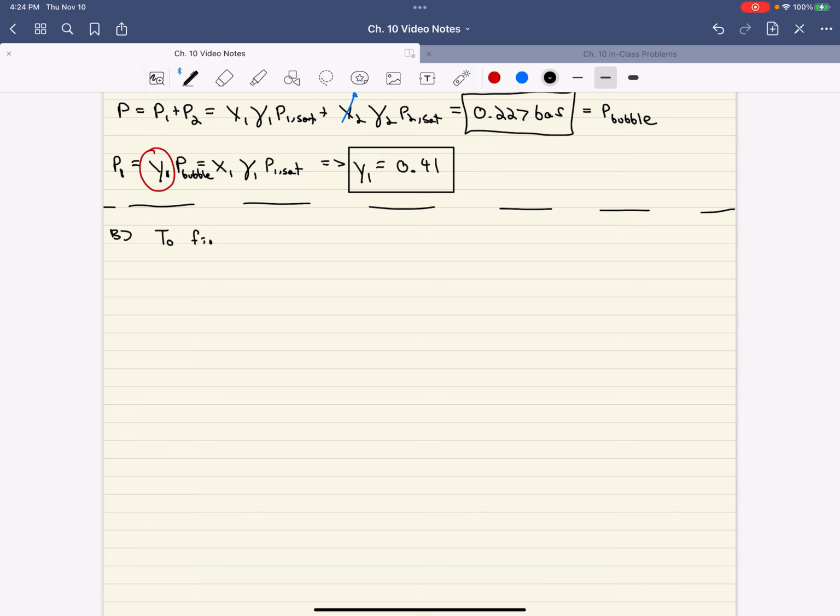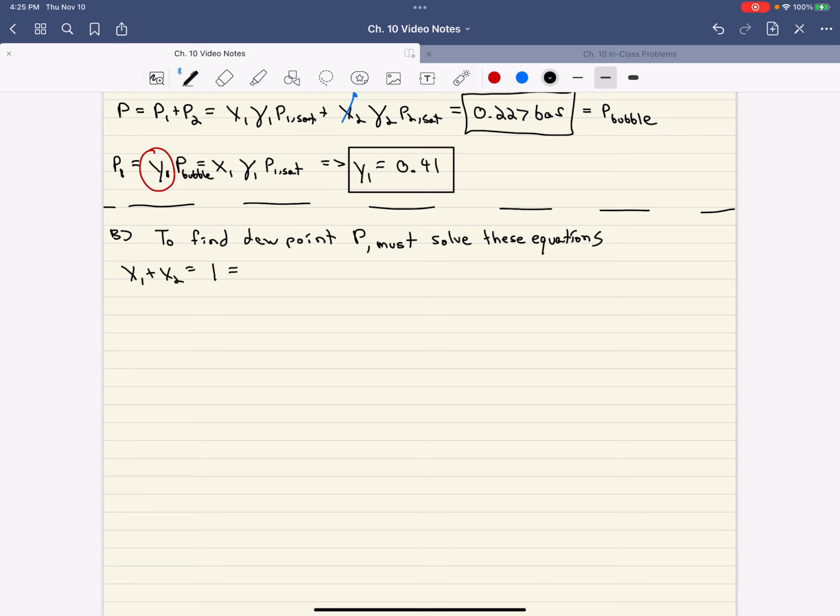Okay? And so just like we saw in ICP 3, to calculate the dew point, you have to solve the following equations. Okay? And so we're going to have x1 plus x2 equal to 1.